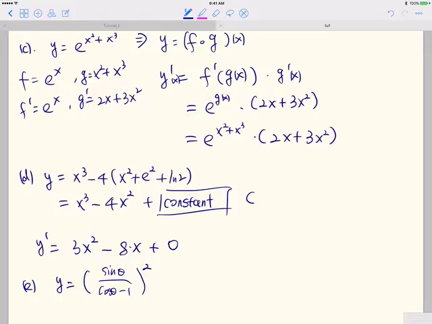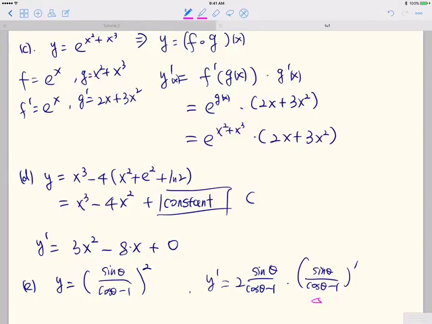First we have a composition here, which is x squared. So first of all, we're going to write down y prime equals 2 times sine theta over cosine theta minus 1, this is a chain rule of course, times the derivative of this function. So now we need to calculate the derivative of this one.